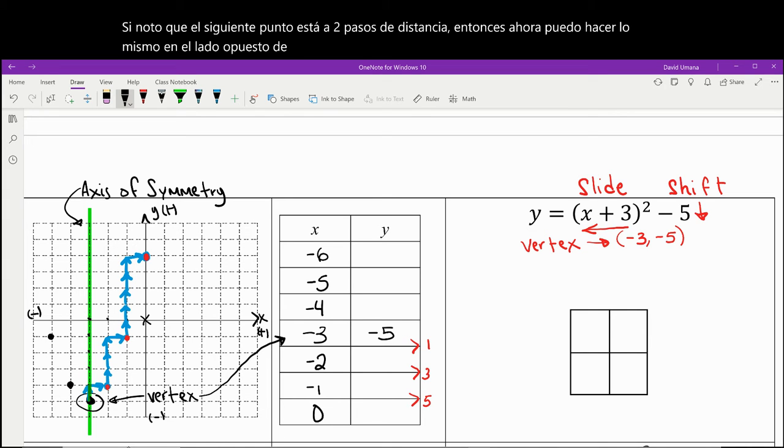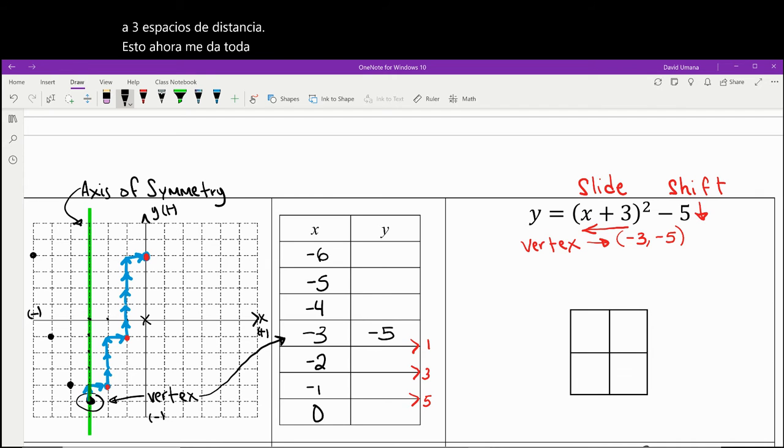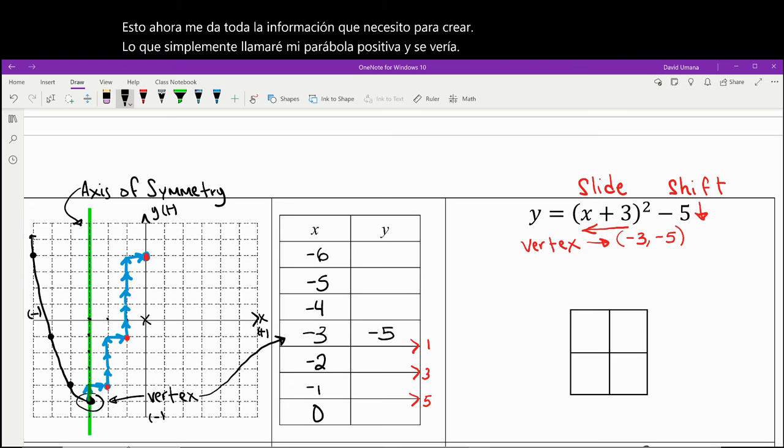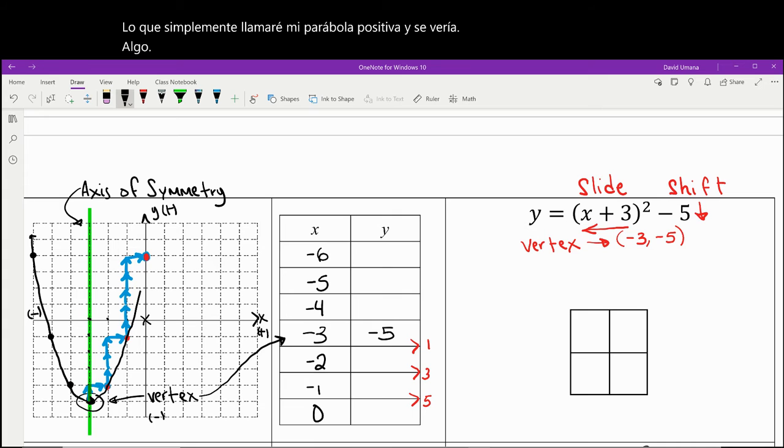And by the time I get to the third one, that is 3 spaces away. This now gives me all the information I need to create what I will simply call my positive parabola. And it will look something like this. Okay. And this is still a positive parabola.